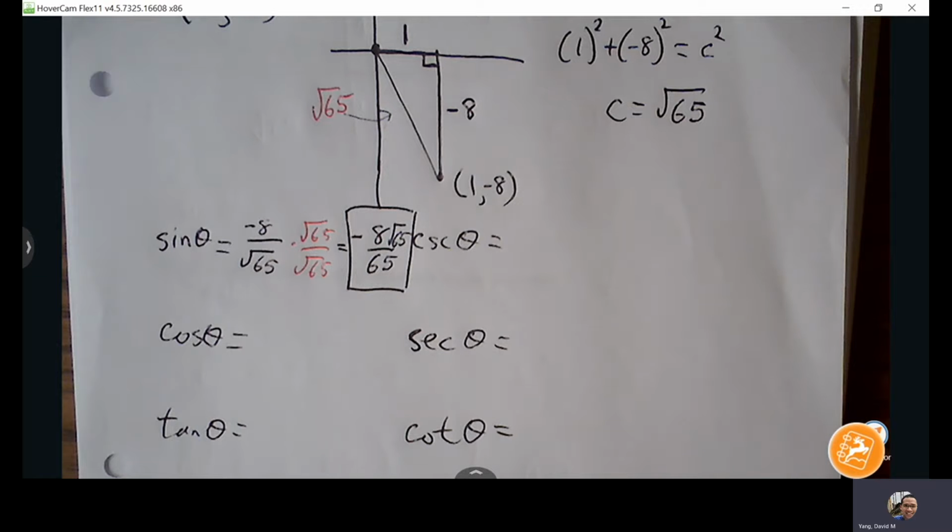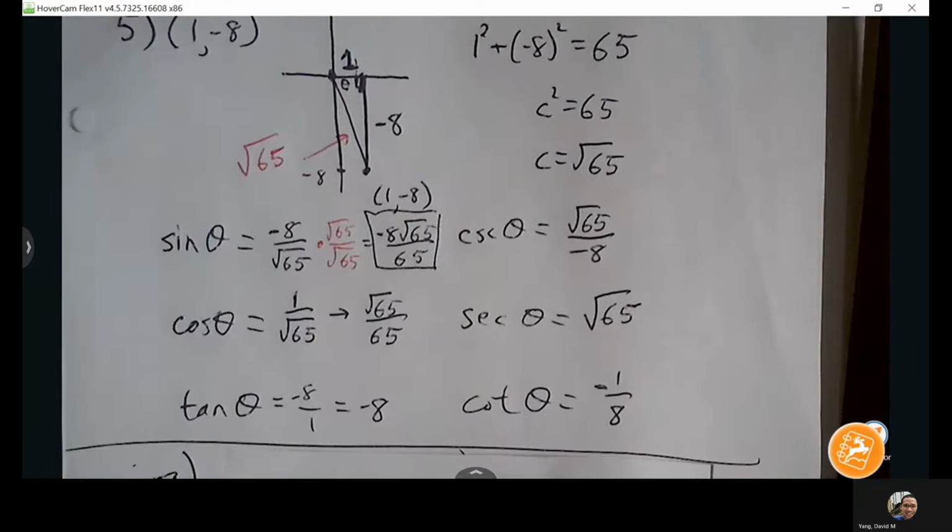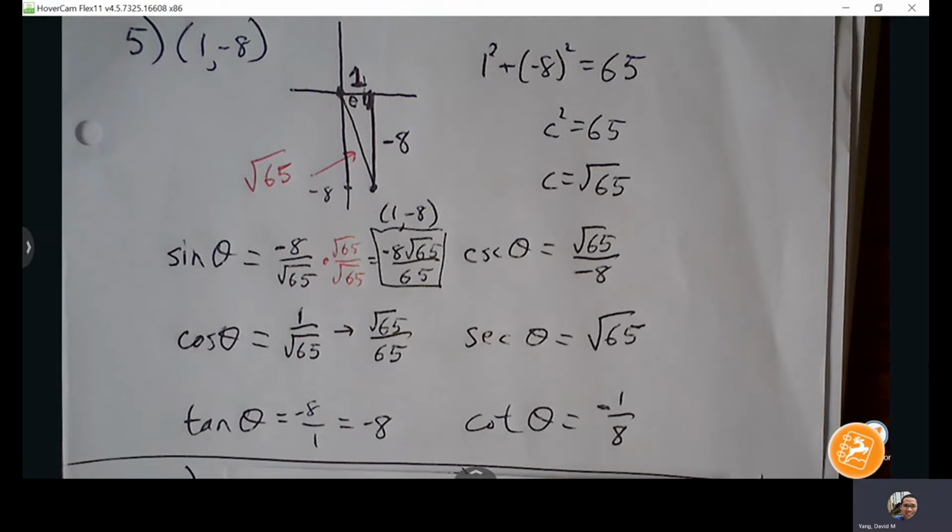We have to get that radical up to the numerator. Okay, check the rest of your trig ratios. Any questions? Okay, try number 7.